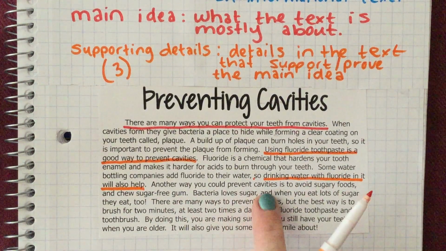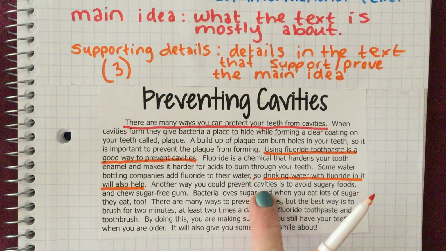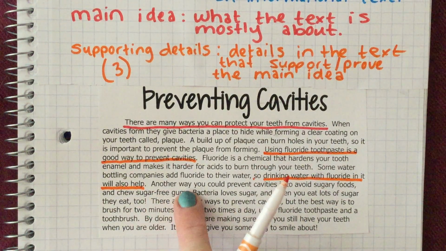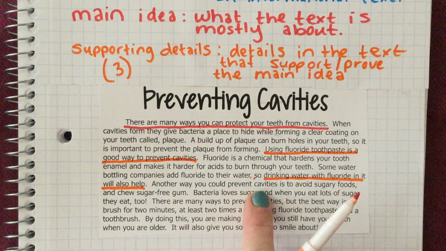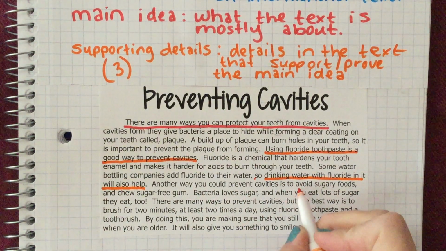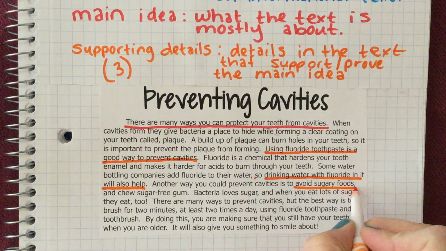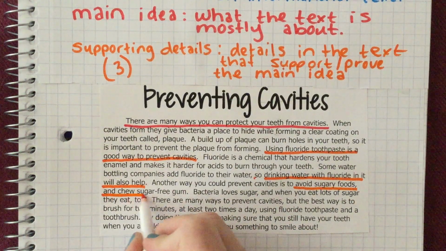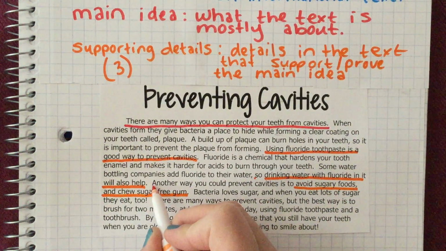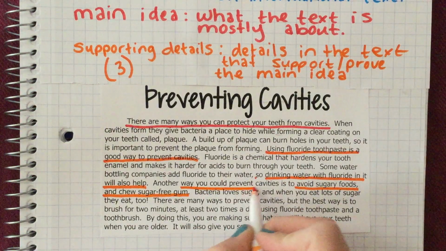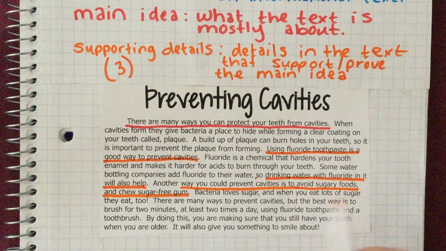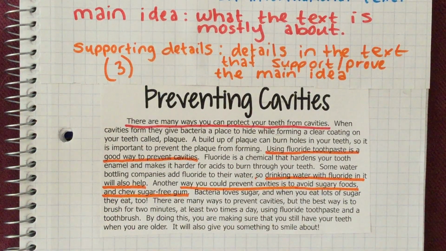Another way you could prevent cavities, oh my goodness, right there, it says it right there. Another way you can prevent cavities is to avoid sugary foods and chew sugar-free gum. It says it right there. Another way you could prevent cavities: avoid sugary foods and chew sugar-free gum.